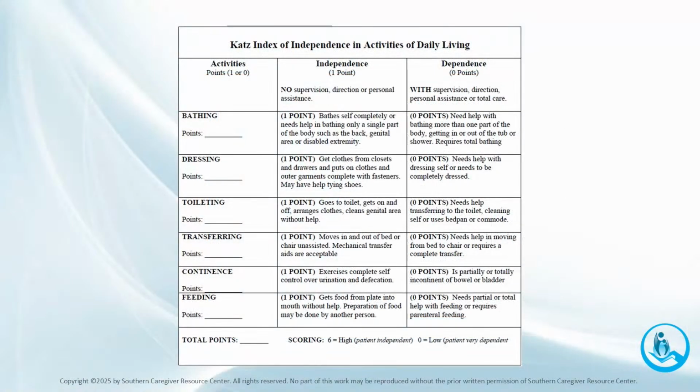So now we are seeing here the CATS index of independence and activities of daily living. You can find this online, really, but let's go through it. What is this index telling me?